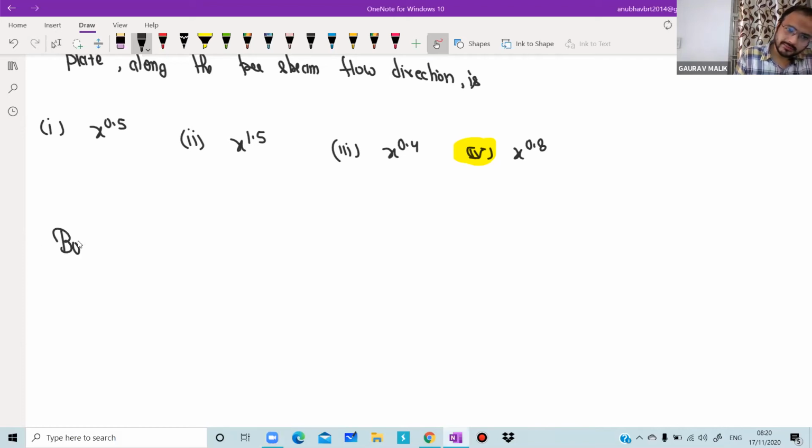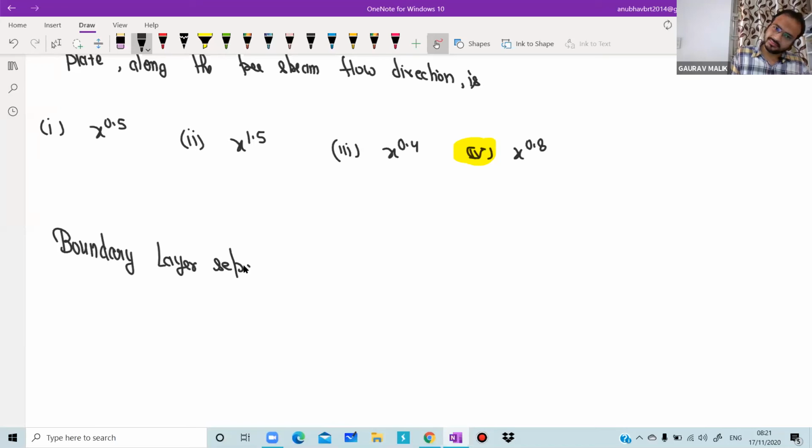Boundary layer separation. First formation, then separation. It is not possible that first breakup, then hook up or patch up. First relationship, then breakup. In a similar manner, here also, first boundary layer formation and then boundary layer separation.